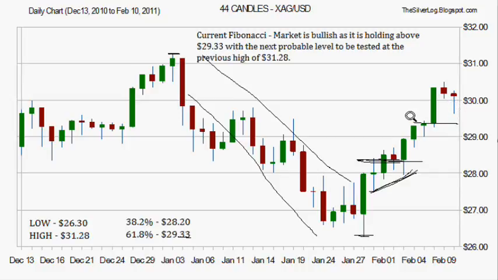And 29.33, which was resistance for a little while, and then the breakout occurred, this candle in here, after it came above that 29 1/3 area. And then we have a two candle consolidation.